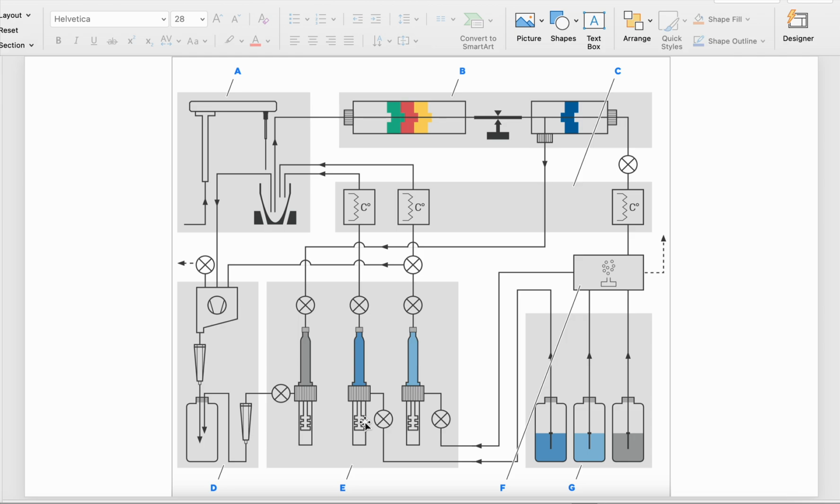Let me say it again. First, you take this through this syringe and then it goes here, and then this one goes here.